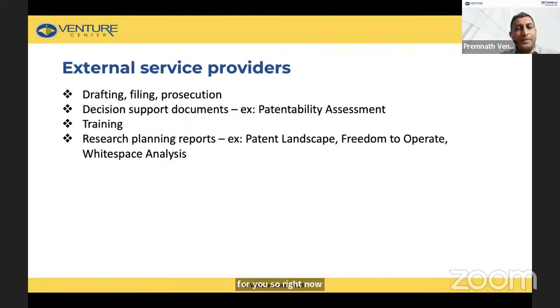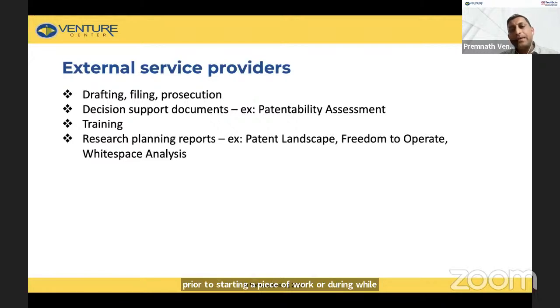Right now, for example, our TechX team has an analytics activity in Venture Center, which provides some of these decision support documents as well. Besides that, there might be providers who might be doing training of your staff. There might also be some research planning reports, which inventors or researchers might need either prior to starting a piece of work or while carrying out a piece of work.